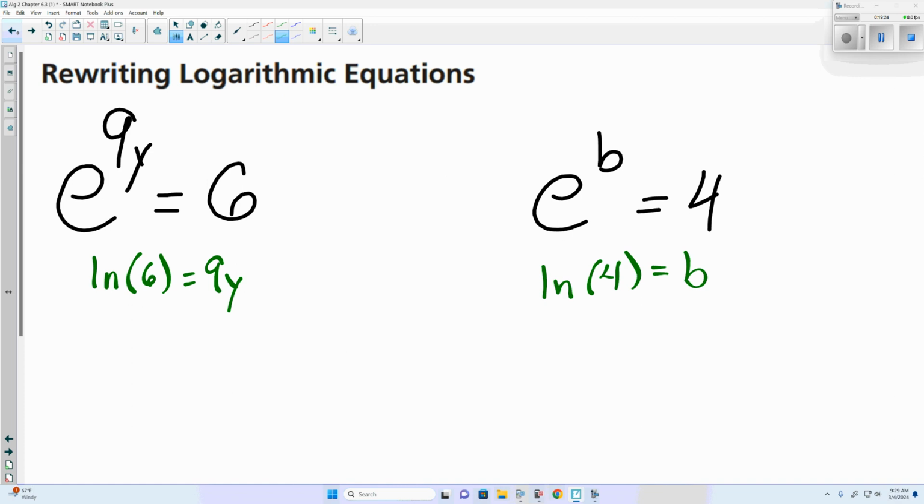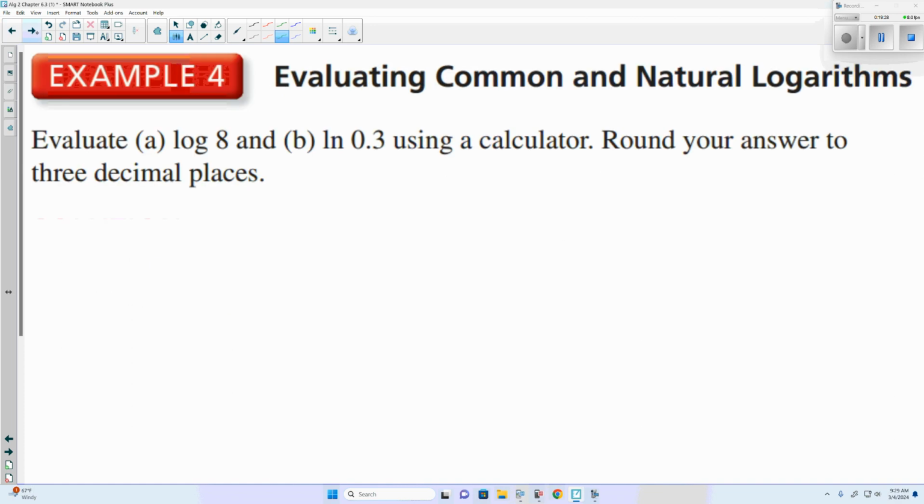It's out of the book. These are the last 4 we're going to do. So we do have 2 in the problem and then 4 more.